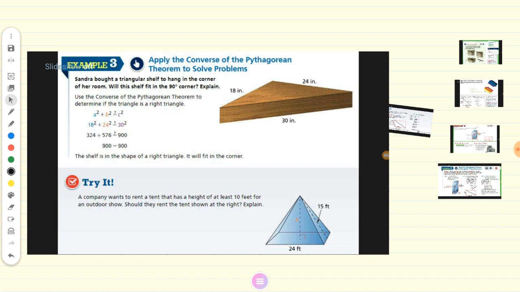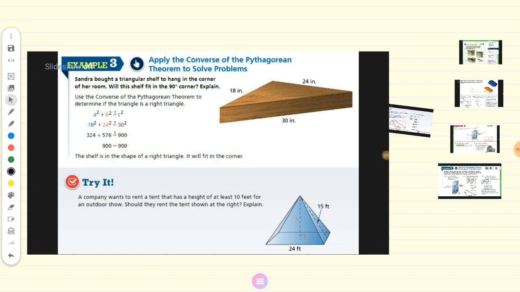Will this shelf fit in the 90-degree corner? Actually, the corners inside our rooms are always in the shape of 90 degrees. This is the corner. So do you think this shelf will fit a 90-degree corner?